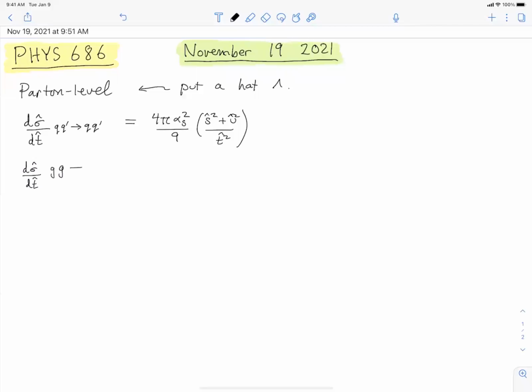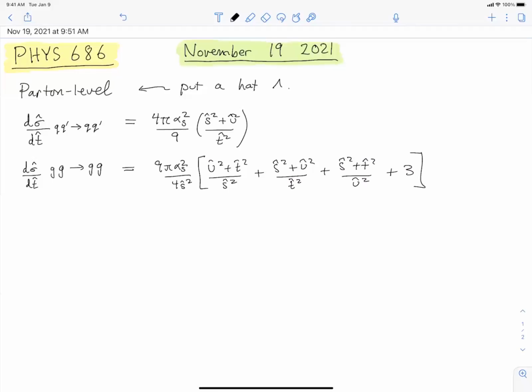If I have gluon-gluon goes to gluon-gluon, that turned out to be 9 pi alpha strong squared over 4 Mandelstam s squared, times u squared plus t squared over s squared, plus s squared plus u squared over t squared, plus s squared plus t squared over u squared, plus 3.